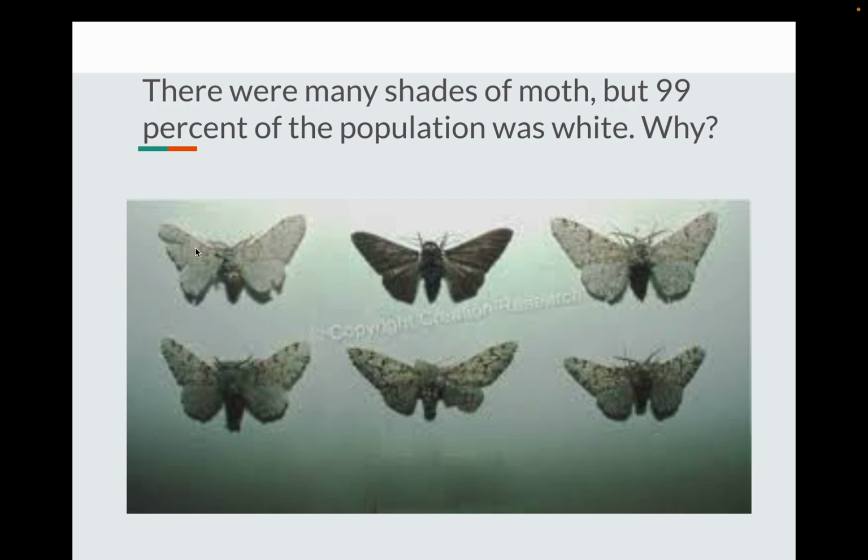So this picture is kind of highlighting the many different shades, but 99% of the moths were essentially stark white, okay? They really should have been called the salt moths at that point, or the powdered sugar moths or something, because 99% were white.